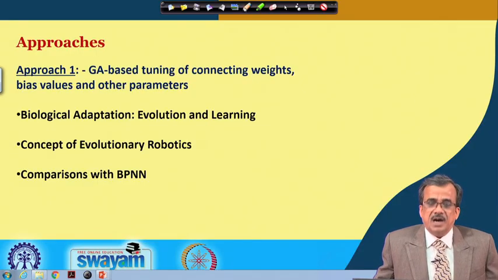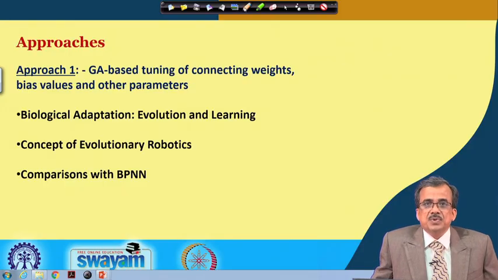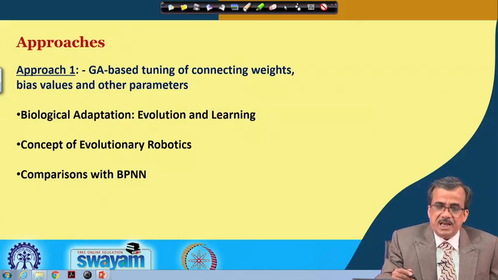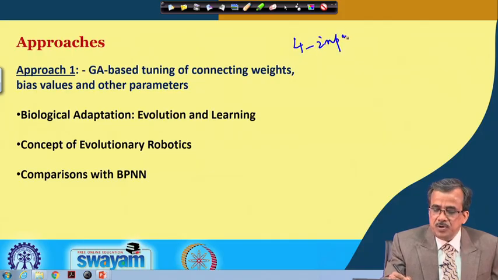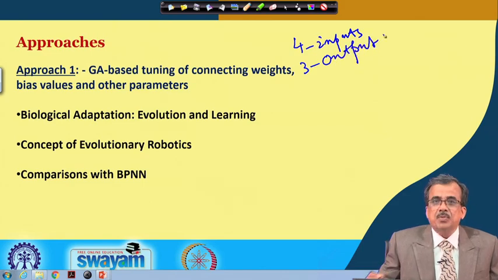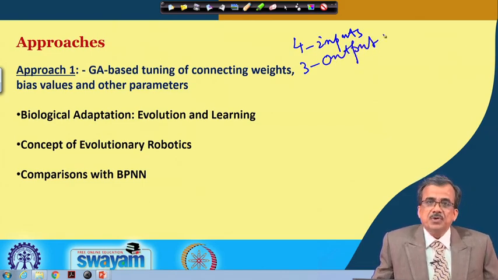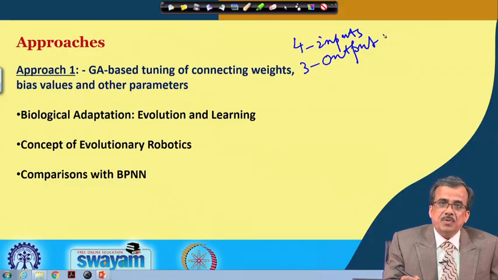Now, supposing that I am going to use a multi-layered feed forward network to model the input output relationship of a process, and let me take a very simple example. Supposing that the process is having say 4 inputs, and there are say 3 outputs of this particular process, and I want to model its input output relationship with the help of one multi-layered feed forward network.